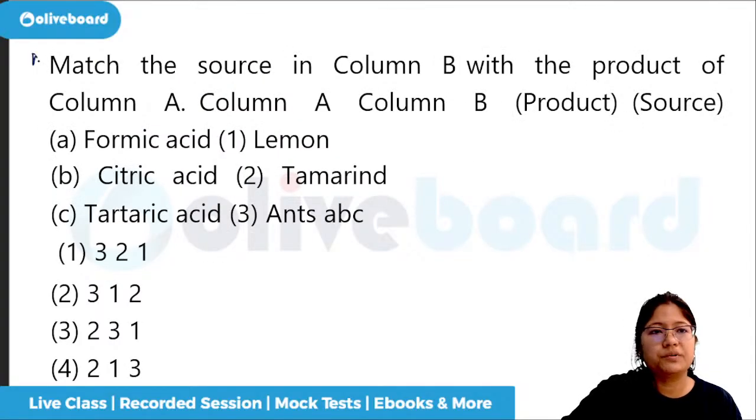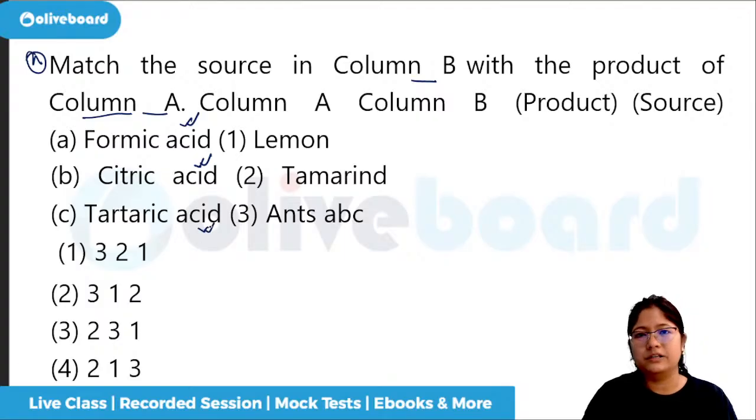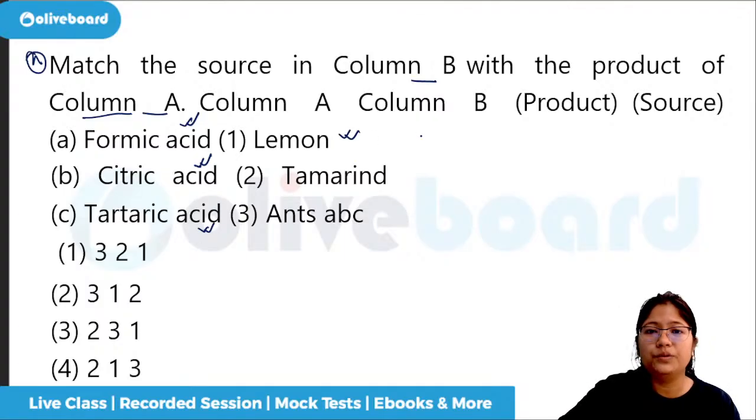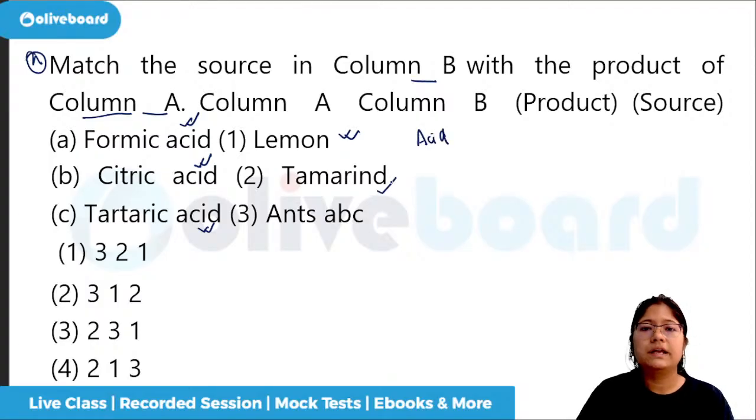Next, question number 4. Match the source in column B with the product in column A. For example, you have formic acid, citric acid and tartaric acid, and you have to match which acid is found in lemon, which in tamarind or imli, and which in an ant bite. In lemons and citrus fruits, as the name indicates, citric acid is found. In tamarind, as the name indicates, tartaric acid is found.